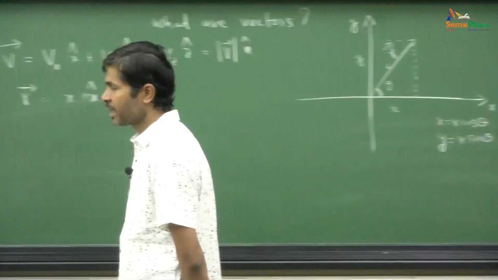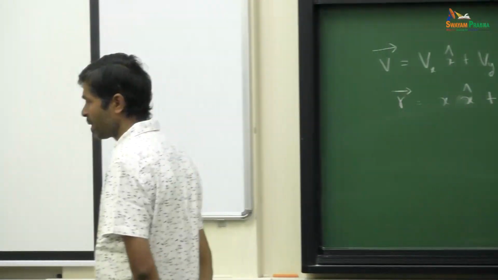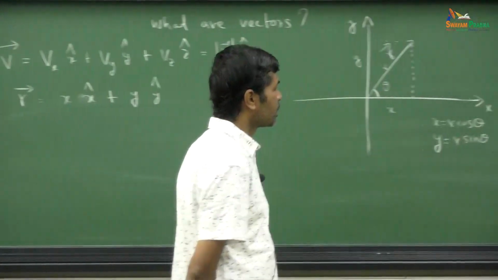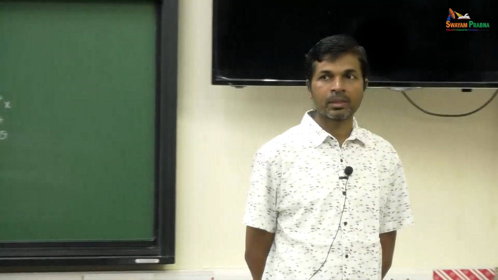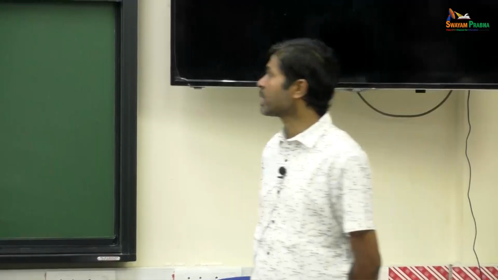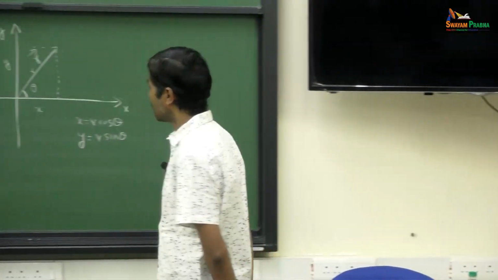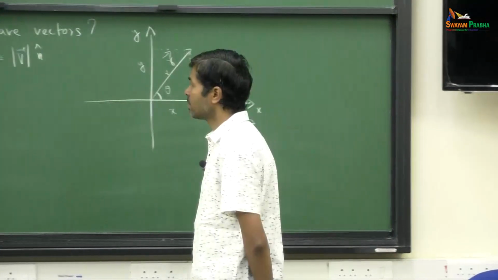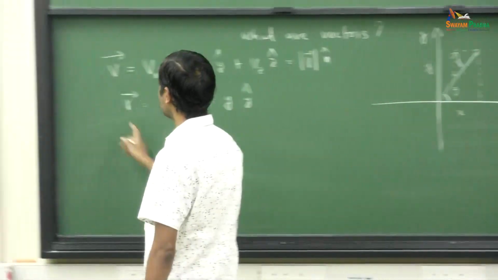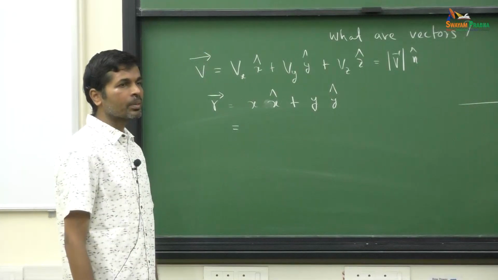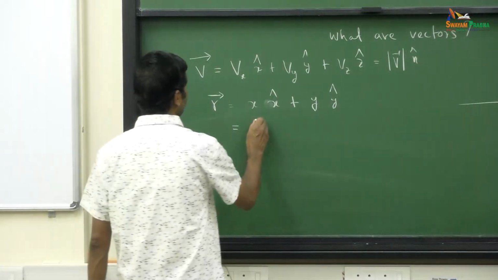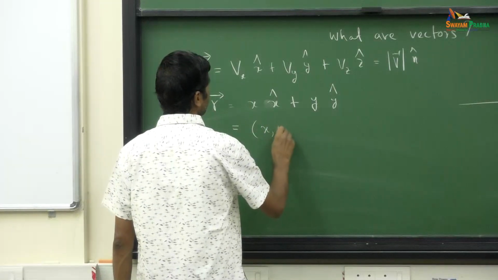Now I will take this vector and then I will ask, suppose I make a rotation of these coordinate axes. Okay, then what happens to this vector? So, first of all, you can define a vector like this, and also you can define it in terms of its components, right? Some people write it like this, x, y.